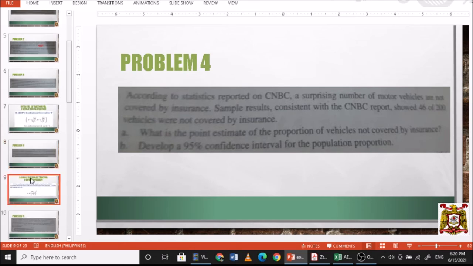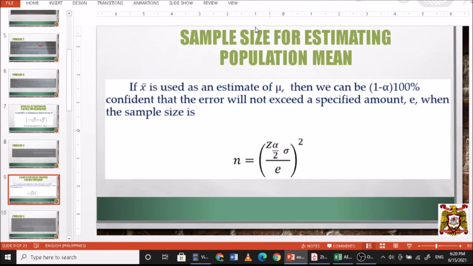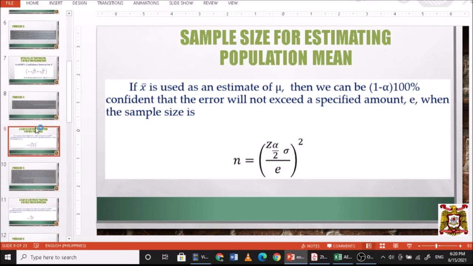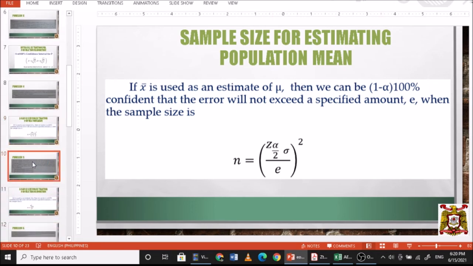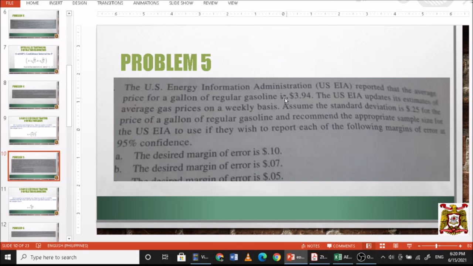Then the next one here is the sample size for estimating population mean, which we've already covered in the first example. But if you want to solve, you can do this on your own. The U.S. Energy Information Administration reported that the average price per gallon of regular gasoline is 3.94. So that's the sample mean. The US EIA updates its estimates of average gas price on a weekly basis.